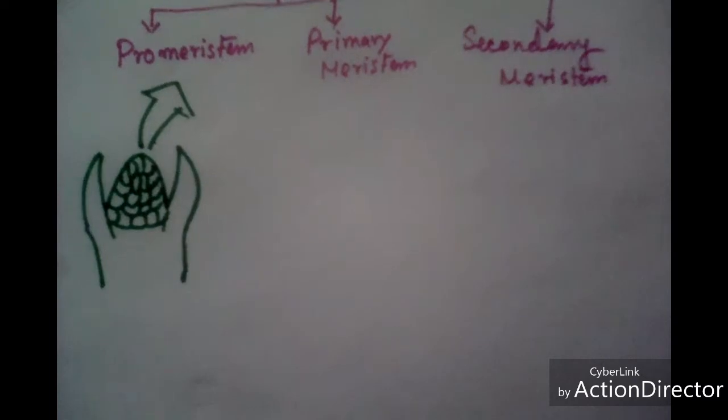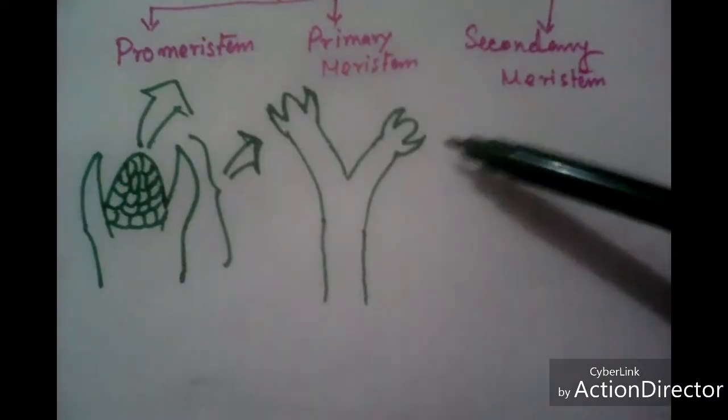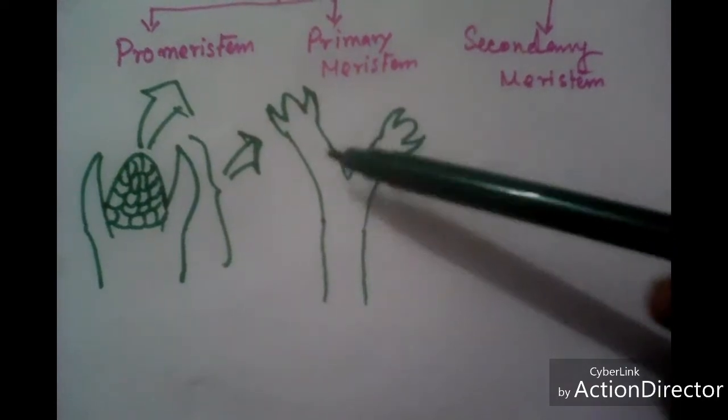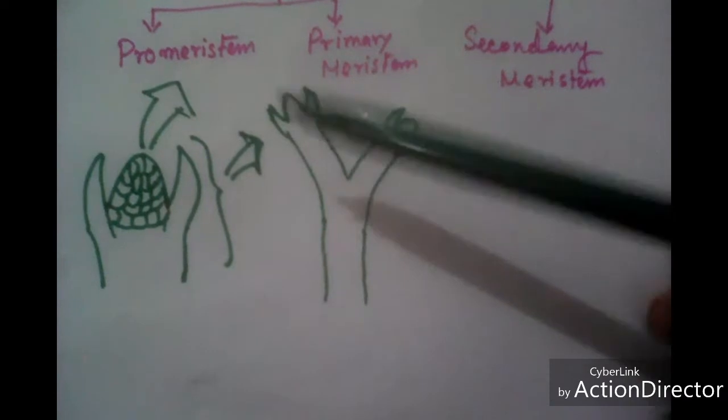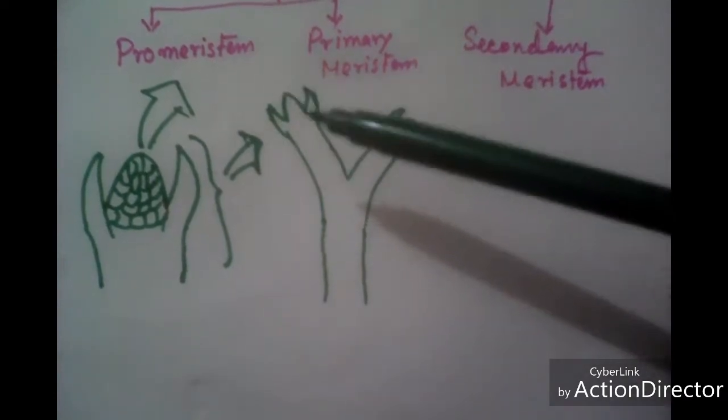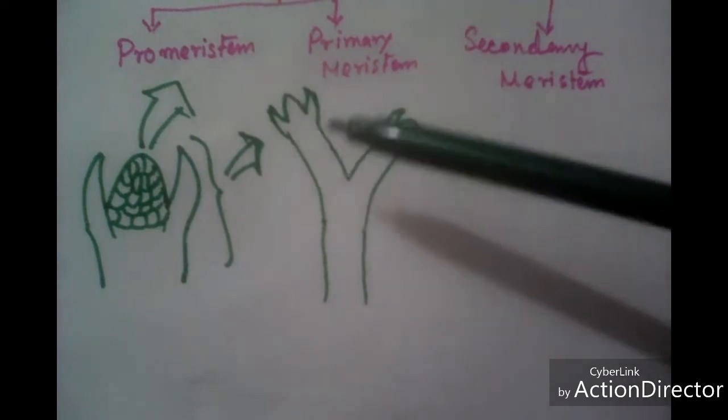So promeristem gradually transforms into primary meristem. This is the apical bud portion. It is the growing point of a plant and contains promeristematic tissue, or the promeristem zone.